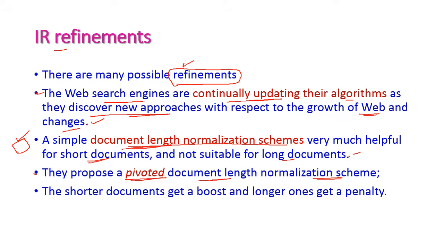If we implement this scheme, the shorter documents get boosted and the longer ones get some penalty. So we cannot fix the pivoted length of documents for normalization.